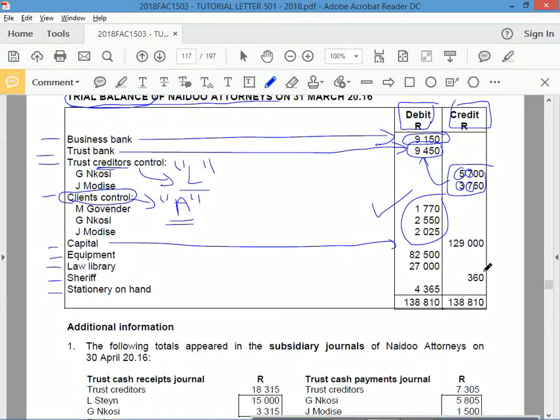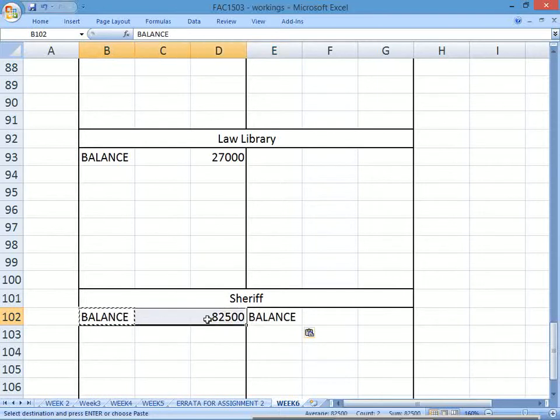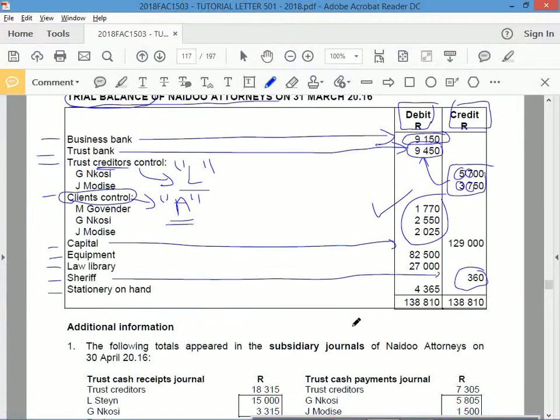The sheriff has a credit. What do you think this is? Remember, you have options. You have 6 options. It's a credit balance, so that eliminates the debit. So it can't be an asset, it can't be an expense, it can't be drawings. It's either capital or liability or income. Can a sheriff be income? No. Liability. It's a credit balance.